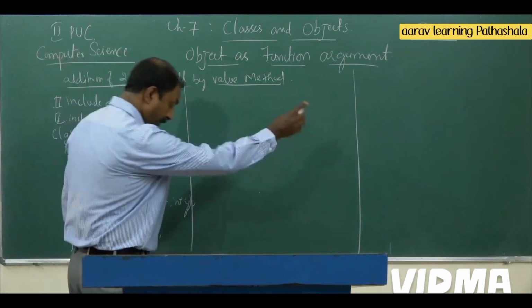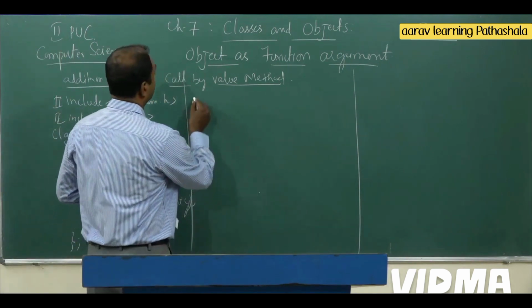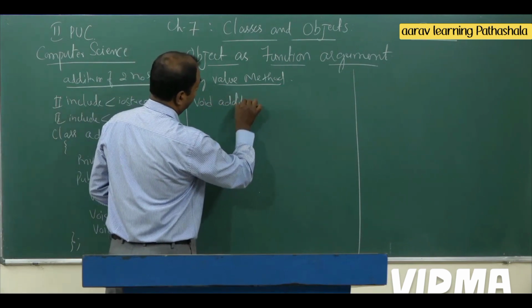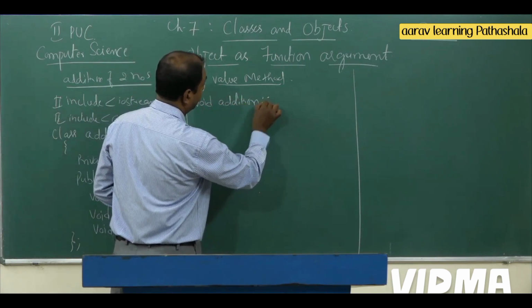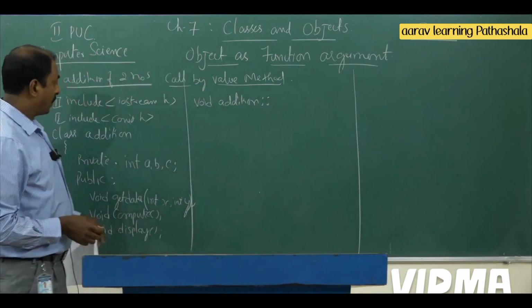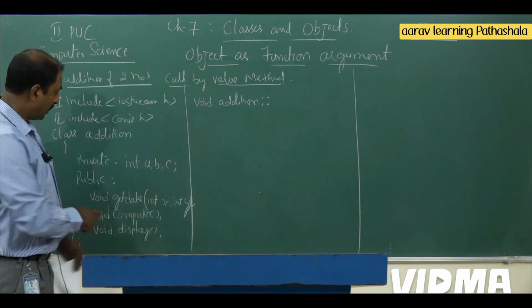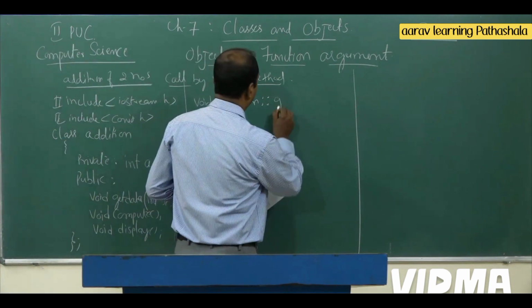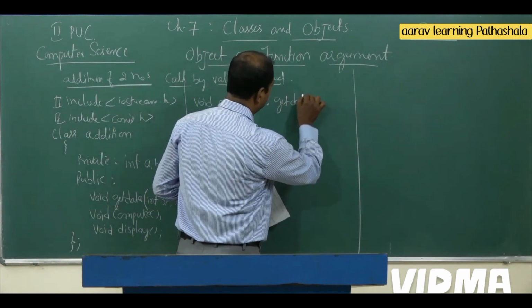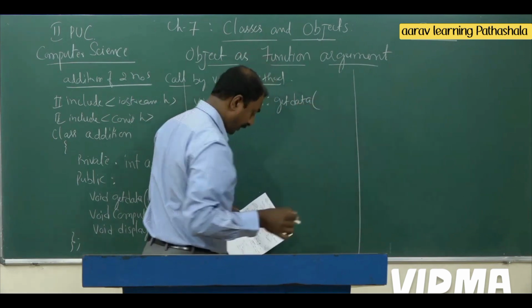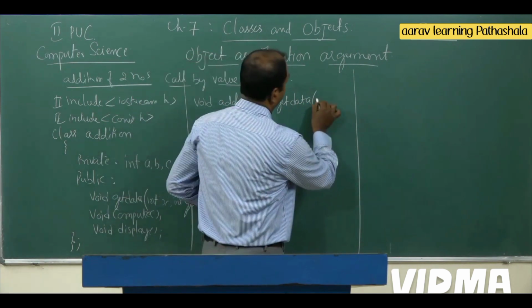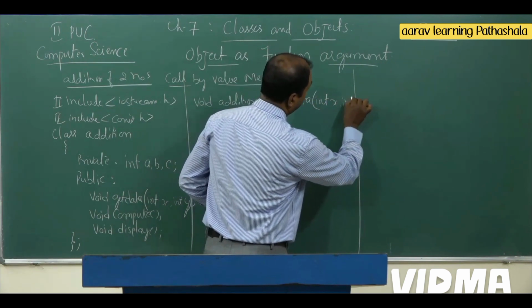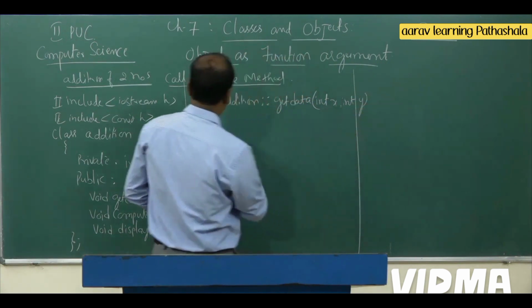Now let me write the same thing here. We'll start with void addition, the name of the class, and this is also an example of a function definition outside a class. Here the name of the function is getdata, and there are two parameters, int x comma int y.